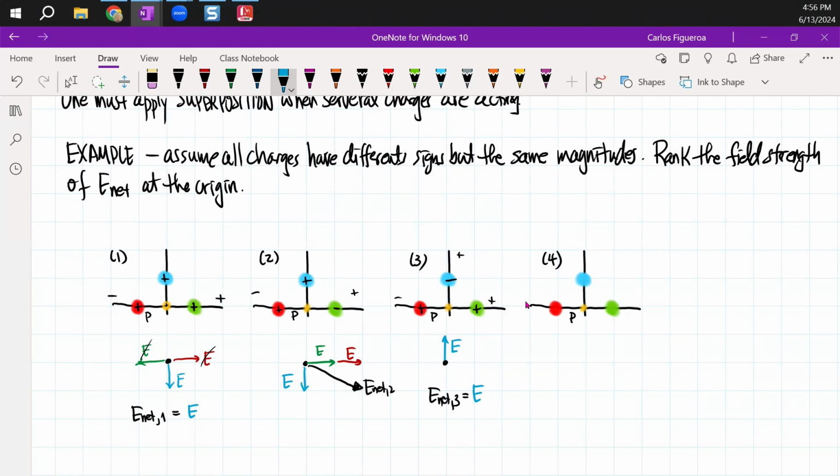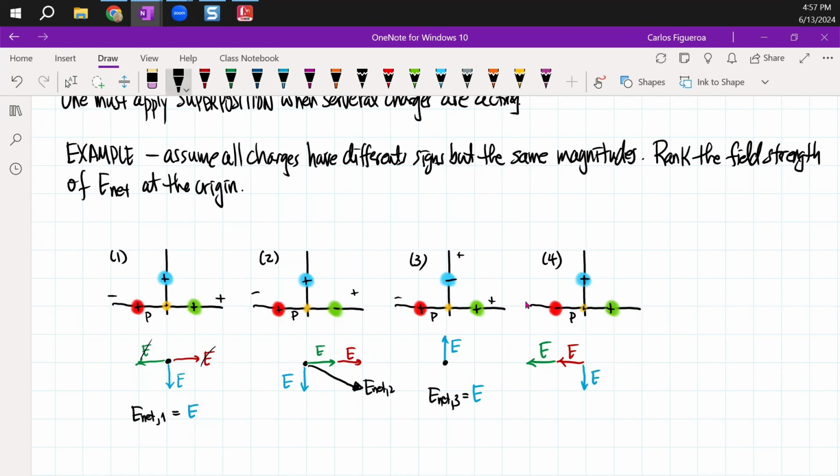And then finally, I could pick a different situation. How about this? What about positive, positive, negative? What do I see here? Again, that's a positive test charge right there. To the left, I have a red field pulling it in that direction, a green field pushing it in that direction, and finally a blue field coming like that.